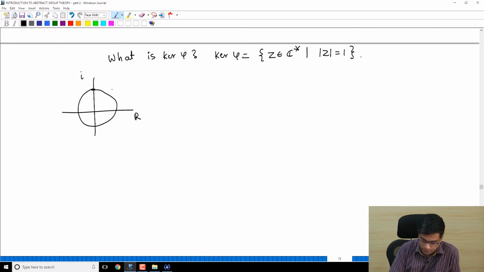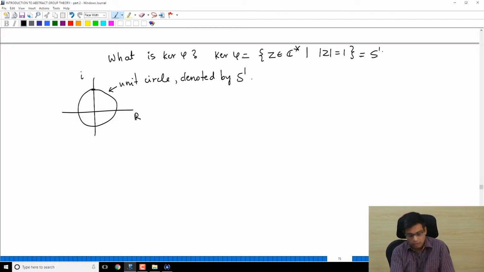Kernel phi is simply the unit circle, denoted by S1. This is the set of complex numbers which have absolute value 1, the unit circle around the origin. That is kernel phi.